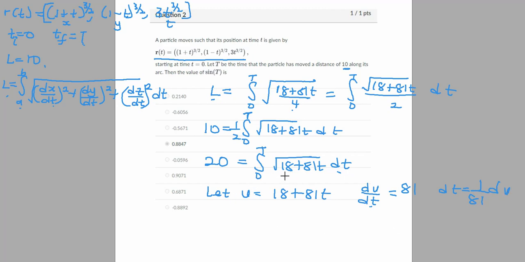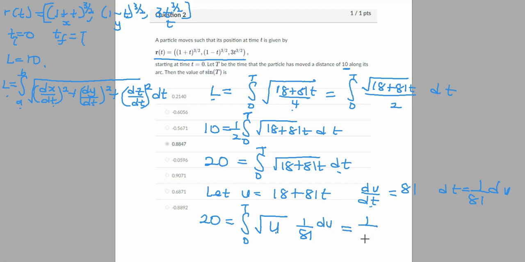Also, I'll change this to u. So that means I'm going to have 2L equals the integral from 0 to t of root u, instead of root 18 plus 81t. Then instead of dt, because I've changed the variable to u, I can't differentiate with respect to t again. It will now be 1 over 81 du. Since 1 over 81 is a constant, I can bring it out.